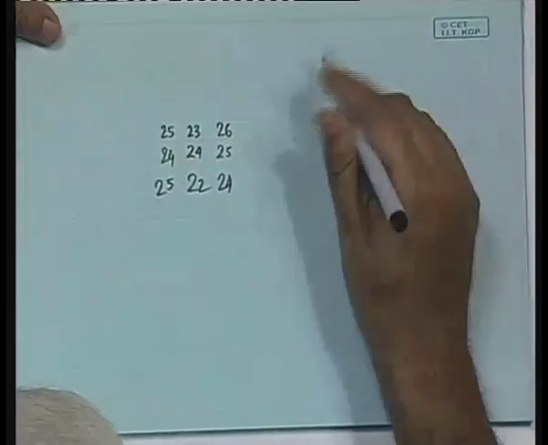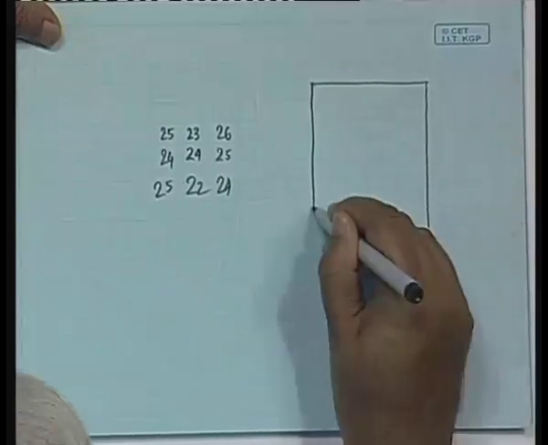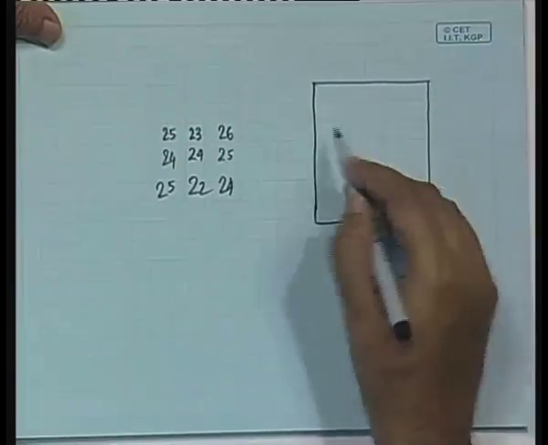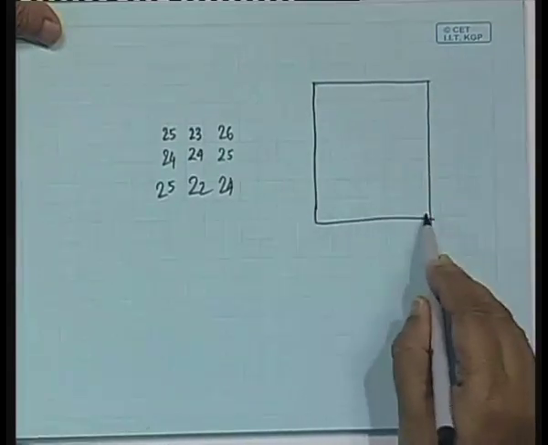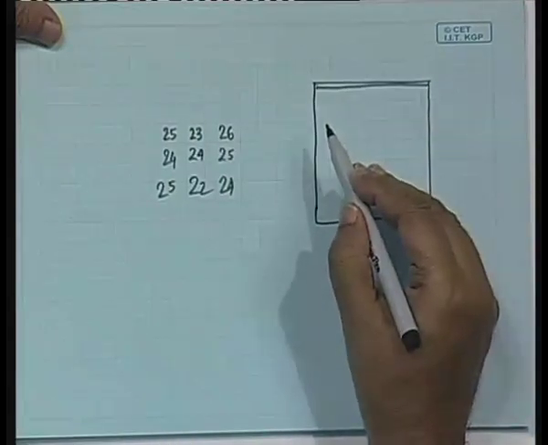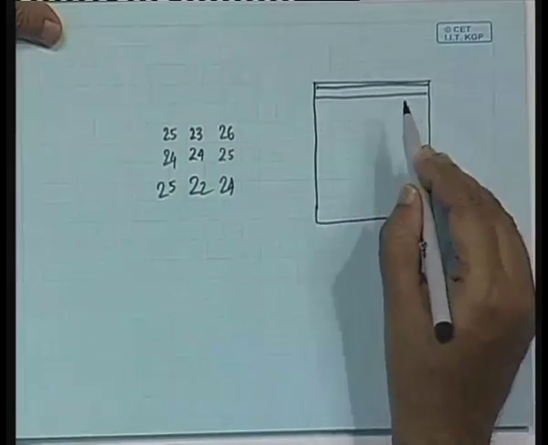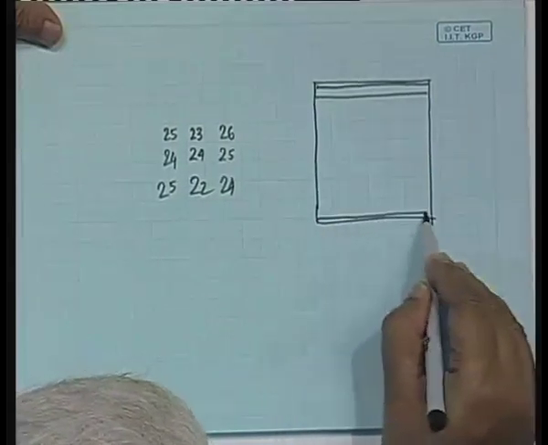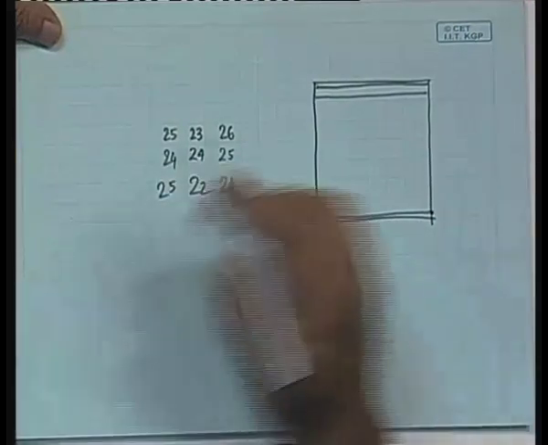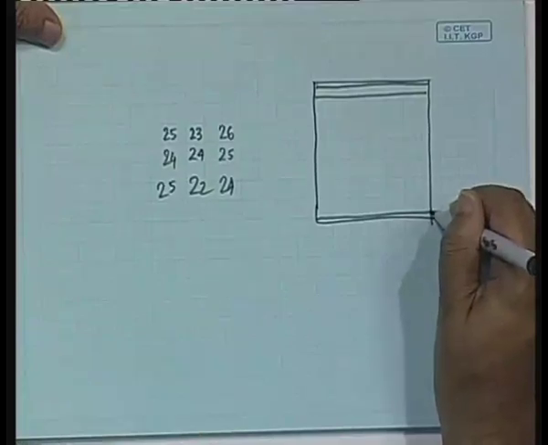Actually, there is a definite way in which the image gets scanned, and you must be knowing that it gets scanned from the top left to bottom right. So, top left it covers the first row of the pixel array, then it goes to the next row, and so on, and at the end it goes up to the last row of the pixel array, and the last pixel to be picked up is the last row, last column pixel.